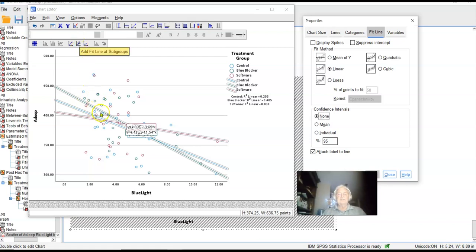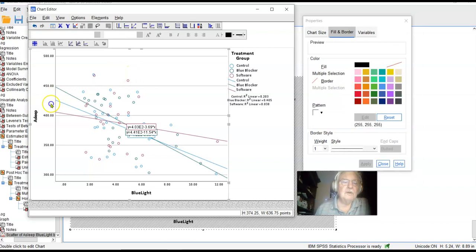And these lines are crossing over. So if you don't have much blue light, then, let's see, which one is it? Red is the software. The software is flatter across the whole range.